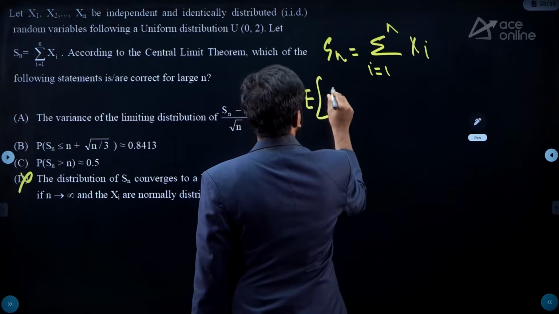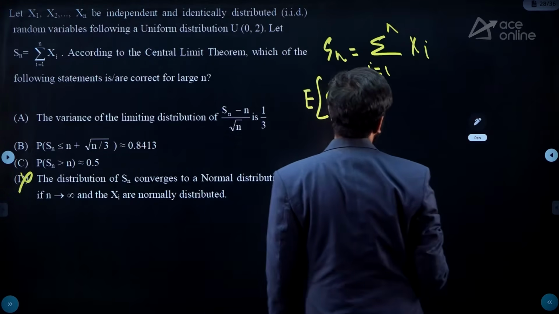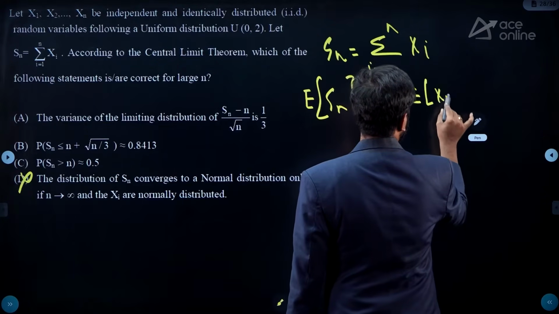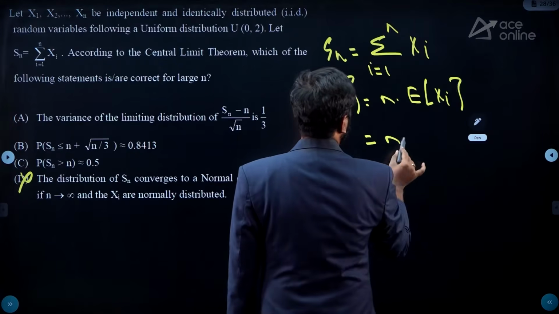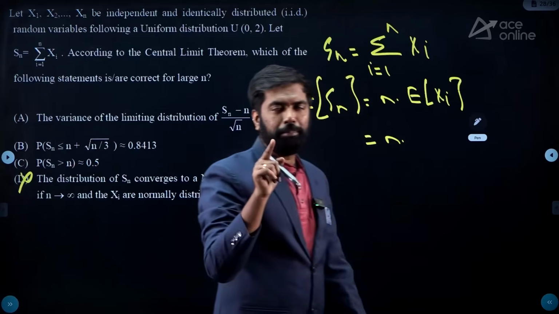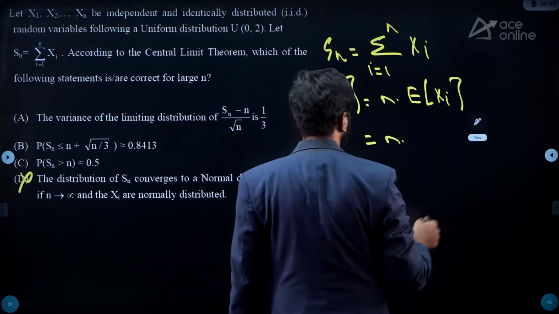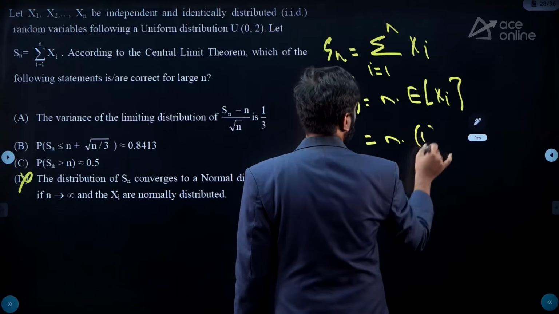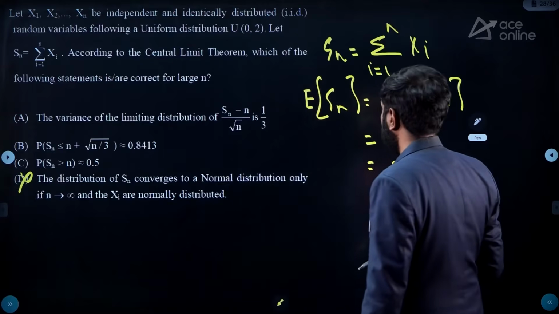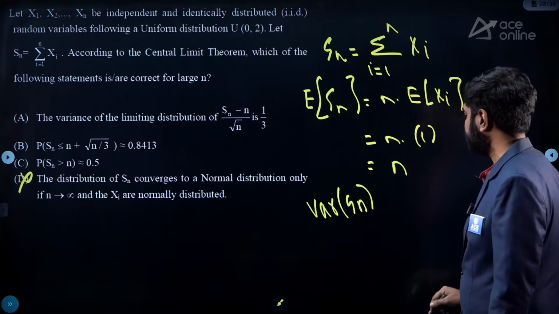Expected value of Sn. It is the sum of the IID random variables, so it is n into expectation of xi. Xi is a uniform random variable whose mean would be (b plus a) by 2. So (2 plus 0) by 2 is 1. So the mean of xi is 1 and the mean of Sn is now n. What is variance of Sn?